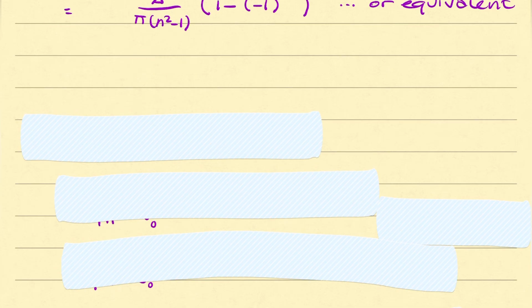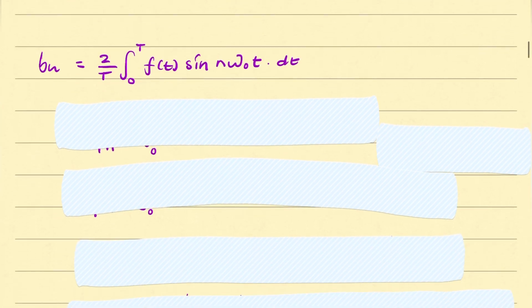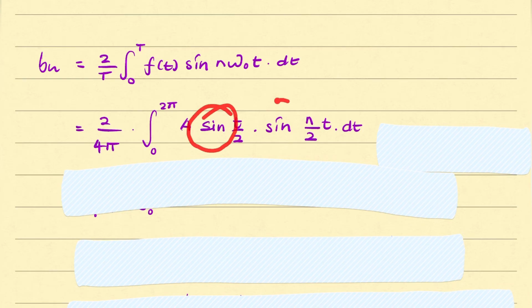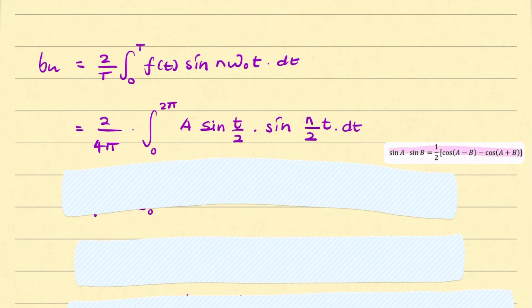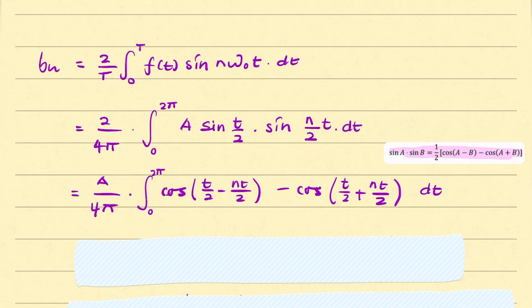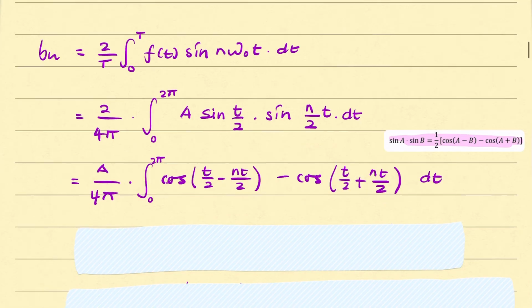How do we find these sine coefficients, the bn? It's exactly the same integration. You simply multiply f of t times the sine. So this time you're going to have sine multiplied by sine. So you're going to use the other identity where you have cosine of the difference minus cosine of the sum. Otherwise, it's very similar to what we were doing earlier.